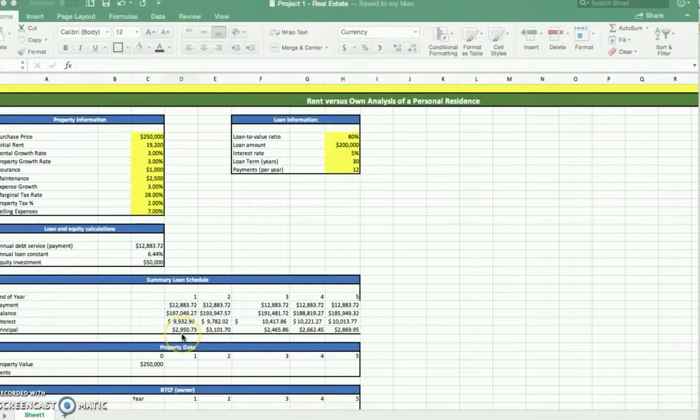Okay, so for the property data, the property value for the year 0 is going to be just the purchase price, and then starting with the next 5 years, it will be the purchase price times 1 plus the property growth rate.